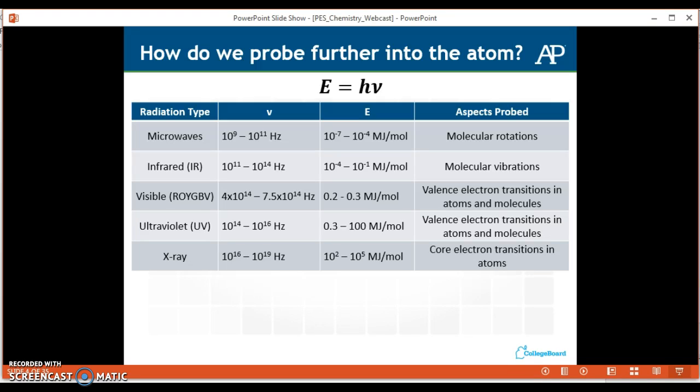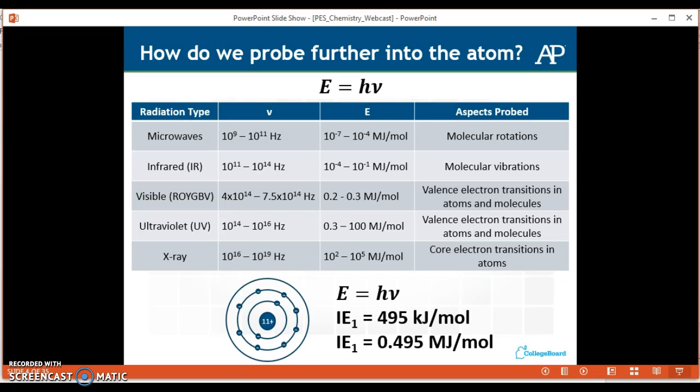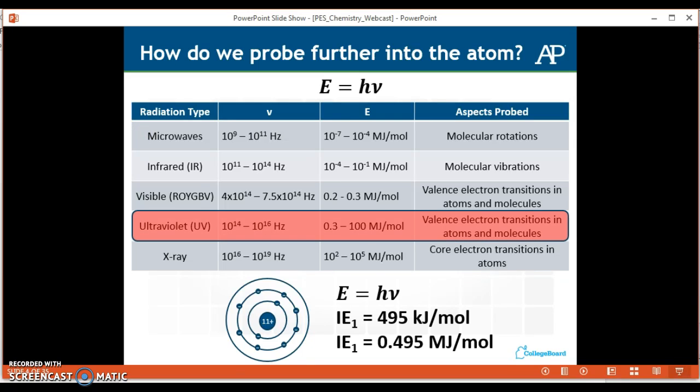In photoelectron spectroscopy, we need energy to be able to remove not only valence electrons, which is from the ionization energy data, but also electrons from the core. For valence electrons, ionization energy will usually fall in the ultraviolet range.